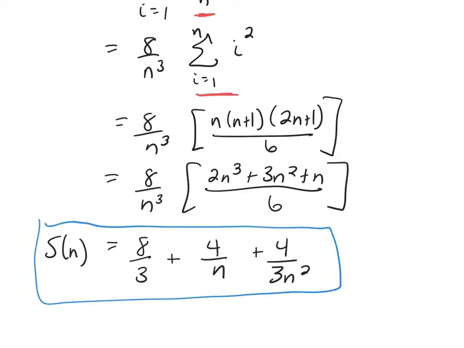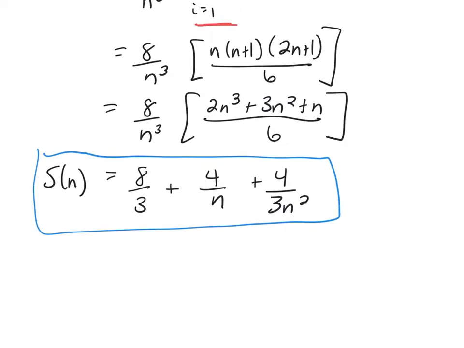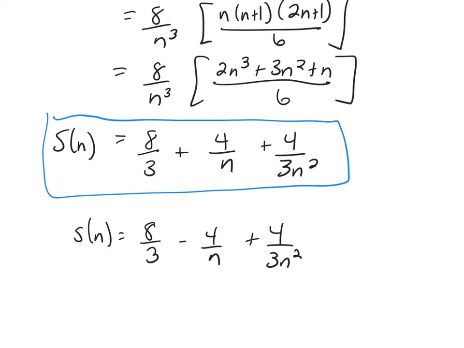So if you compare this with the lower sum, just remember what our lower sum was. Our lower sum was 8/3 minus 4 over n. You'll see the upper sum is going to be bigger, because everything has a positive coefficient there.